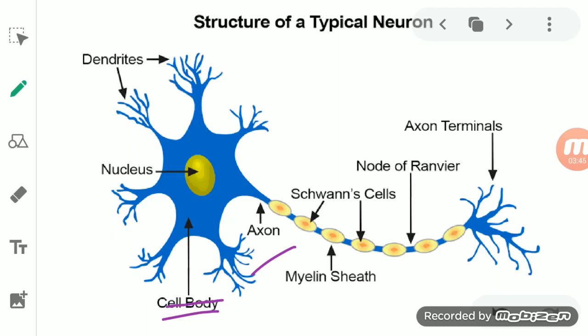Then the dendron, or we call it dendrites, and the axon. So these are the three different parts of the neuron. Now if we talk about the cell body or the cyton, as you can see here, it mainly consists of a nucleus in it.